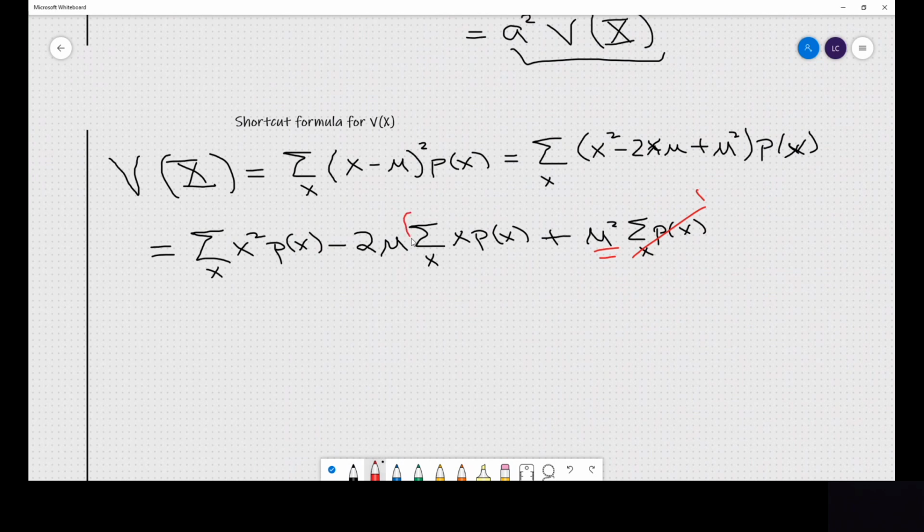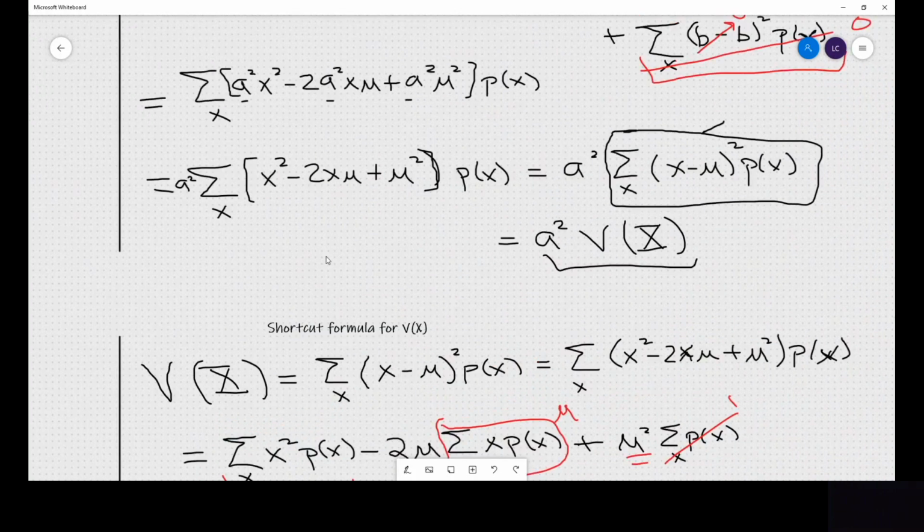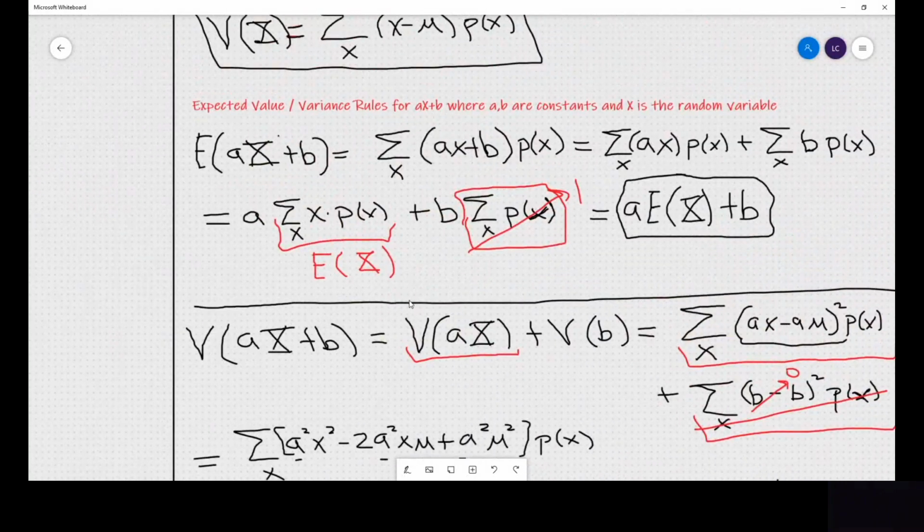We know this is another way of saying mu. Go back up in your notes up top and you can see that. So this is the expected value of x, or just mu. And this we recognize as the expected value of x squared.